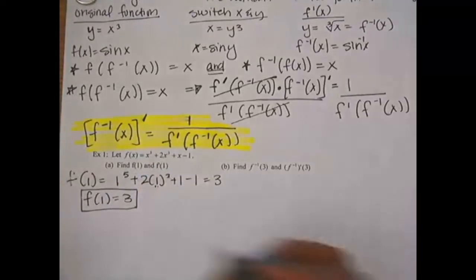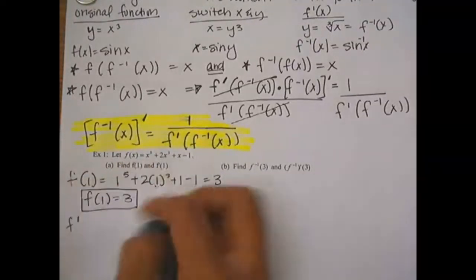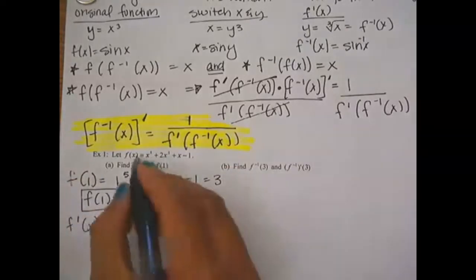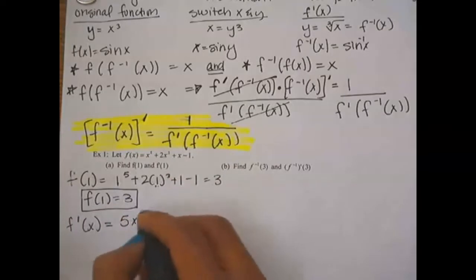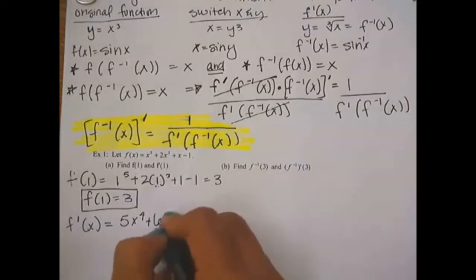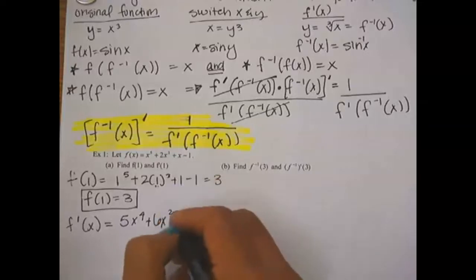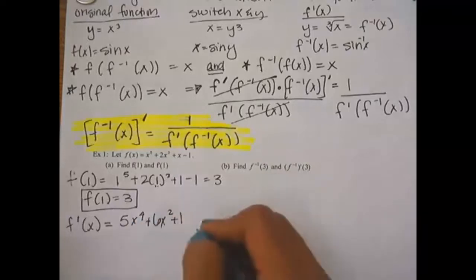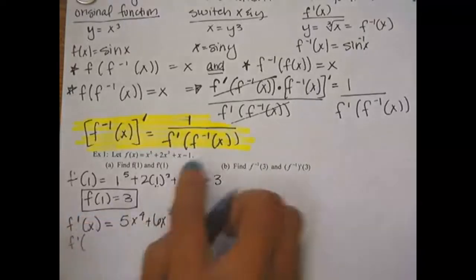The next part of the same question is find f prime of 1. Well, to find f prime of 1, I need to find f prime of x. So this is going to be 5x to the 4th plus, bring down the power, so that's 6x squared, plus 1. Derivative of a constant is 0. And then now I need to evaluate it at 1.